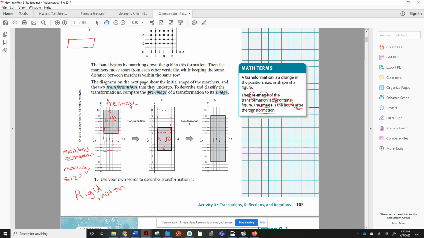In order to take this one right here and change it to this, a couple of things have got to happen. We've got to move it down, because one of the endpoints started off at the point (1, 10), and this one is now at the point (1, 8).